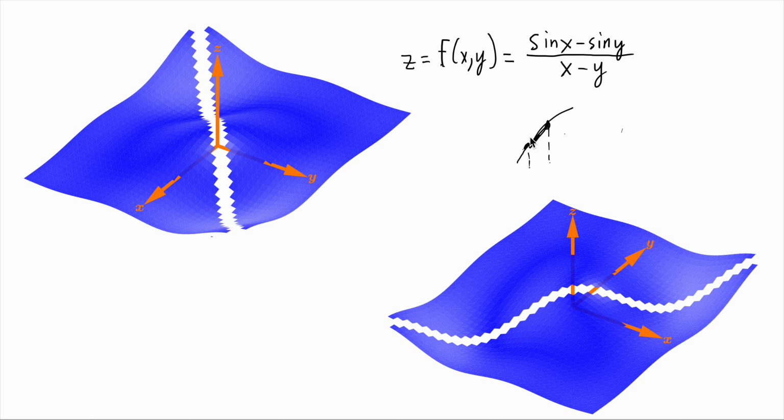As x gets close to y, it should give me the slope of the tangent line, so it should give me cosine, as I'm taking a limit.